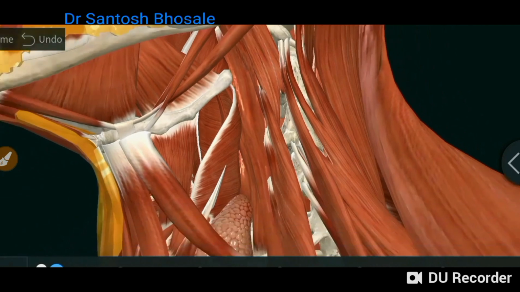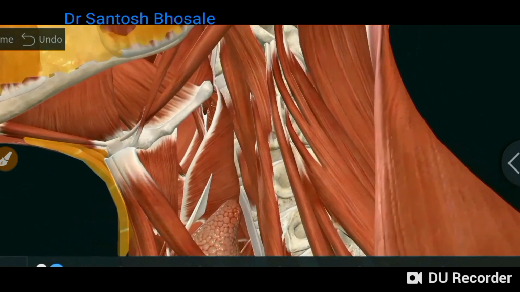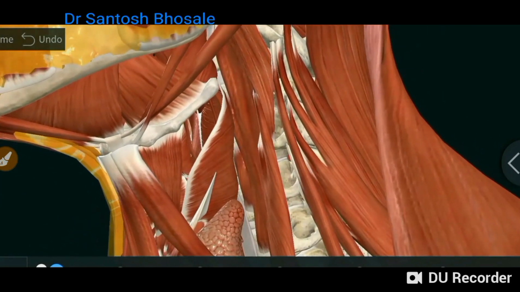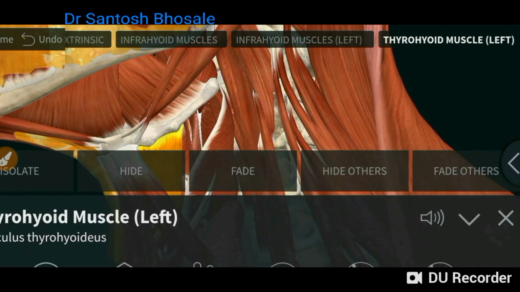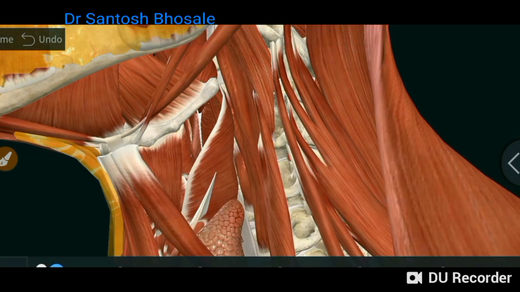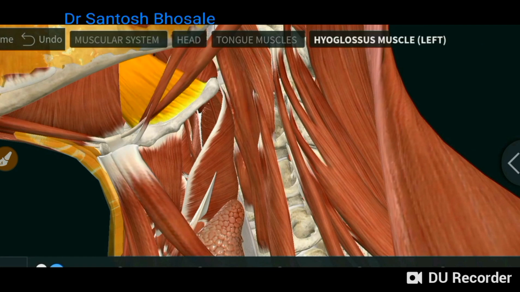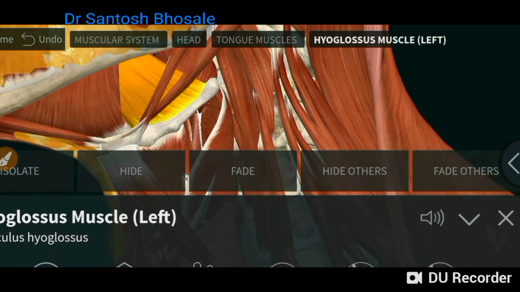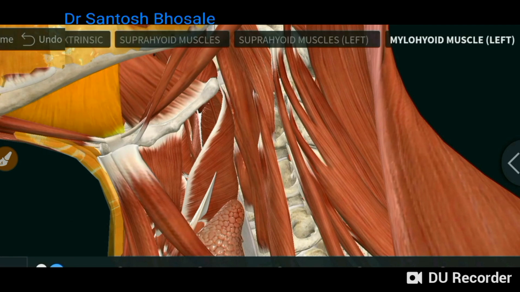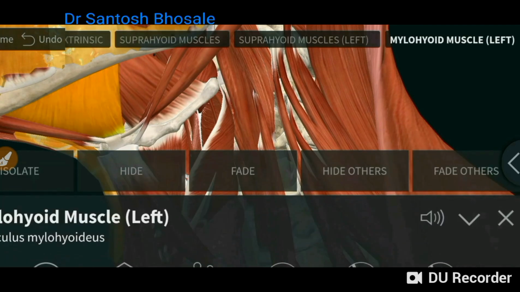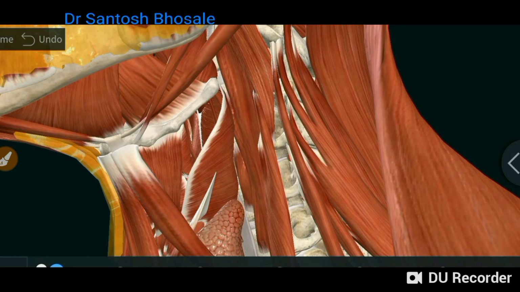And as you go to the floor of the carotid triangle, it is formed by important muscles. There again, that is thyrohyoid muscle. It is an infrahyoid muscle coming from thyroid cartilage to hyoid bone. As you can see, it is a continuation of sternothyroid muscle. That is the hyoglossus muscle of the tongue coming from hyoid bone to tongue, and this is mylohyoid, which is forming the floor of the digastric triangle.